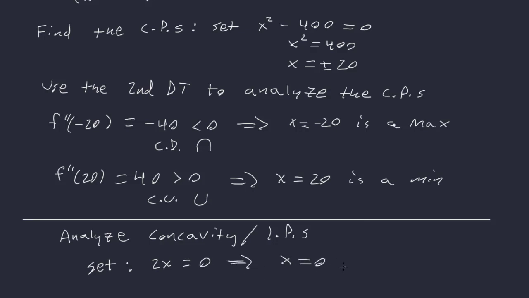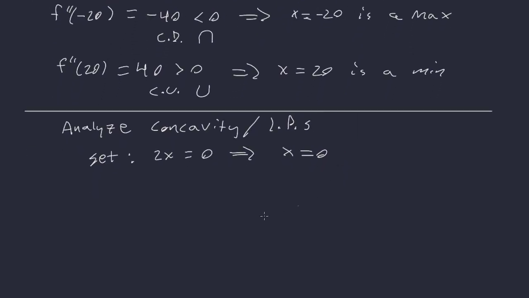So x is equal to 0. Now to analyze concavity, we're going to put our 0, and we're going to look at f double prime and tell us about f. Okay, so I'm going to pick, say, negative 1 here for my test value.